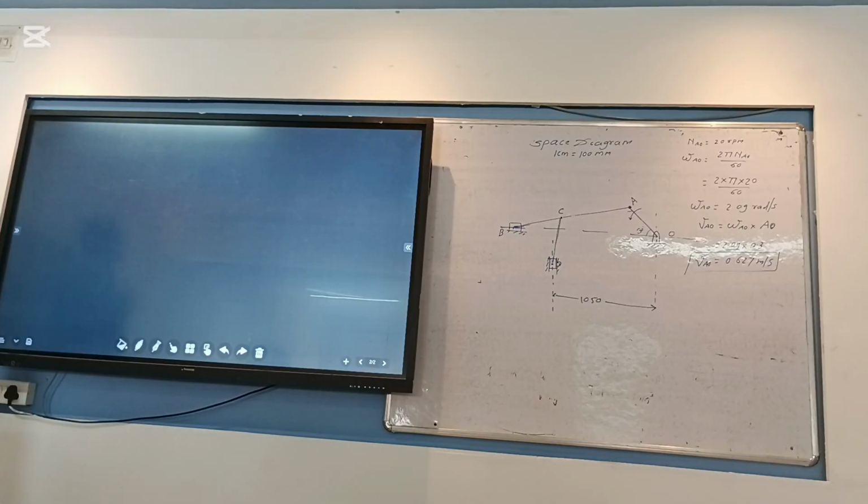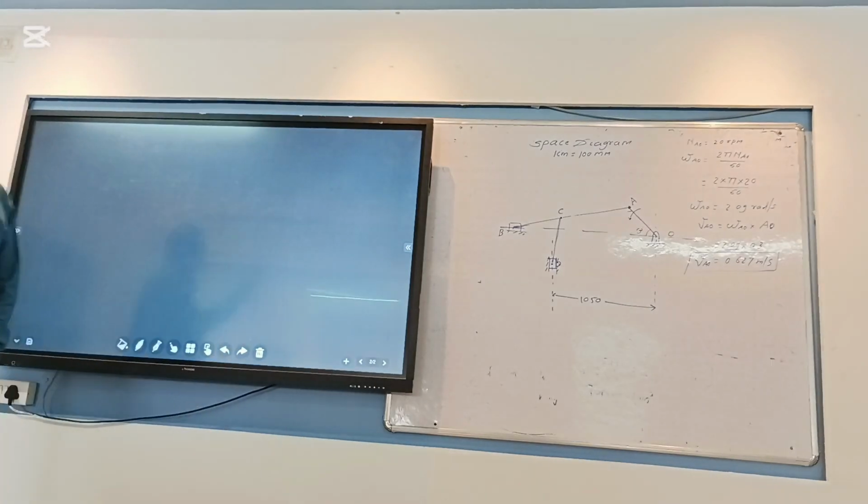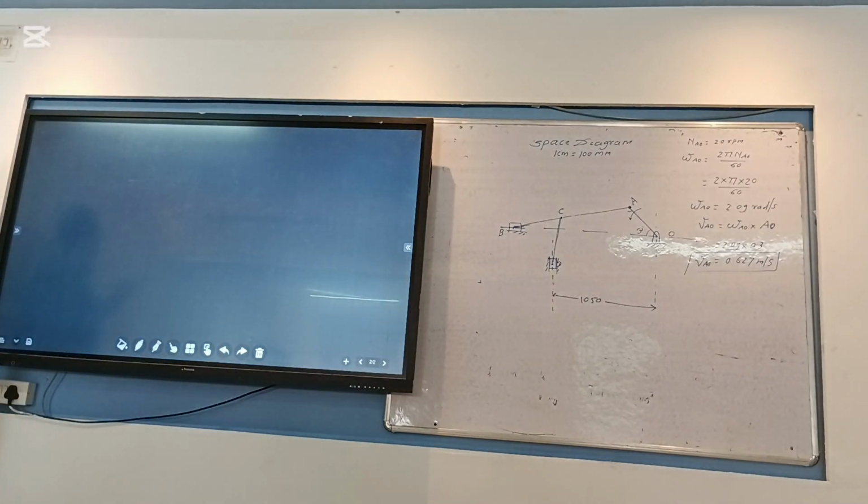Now you have the acceleration value table with you. Yes or no? By seeing the minimum and maximum acceleration value in that table, you have to select an appropriate scale of acceleration.